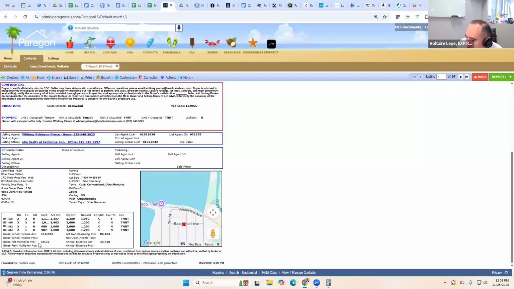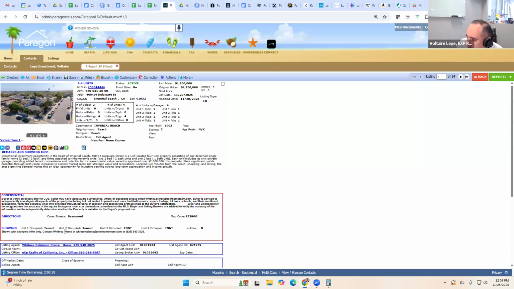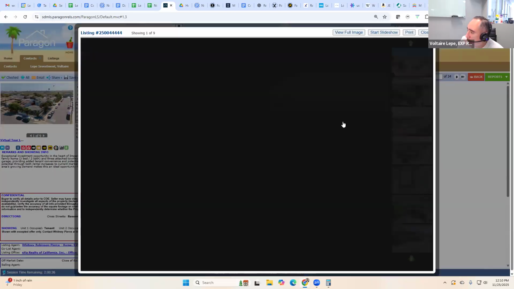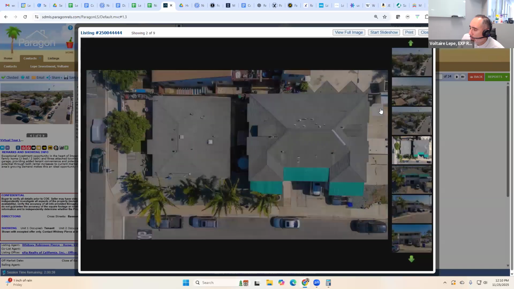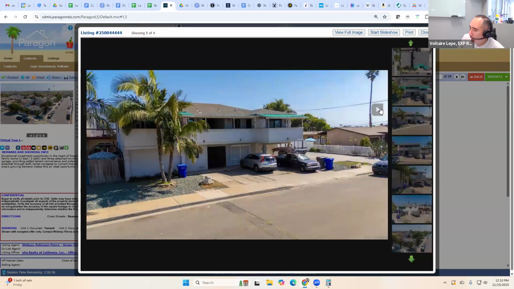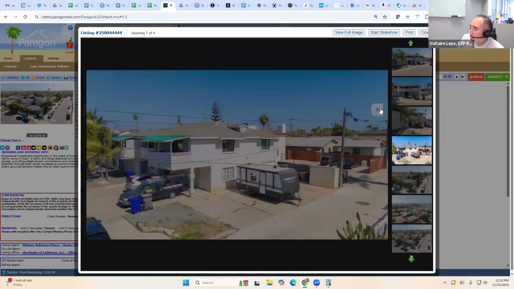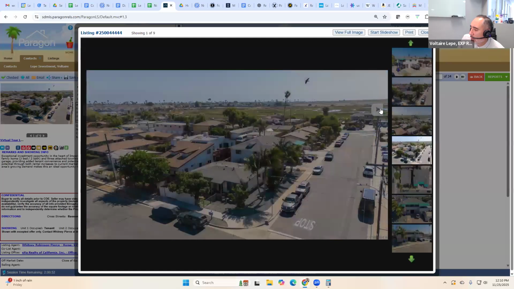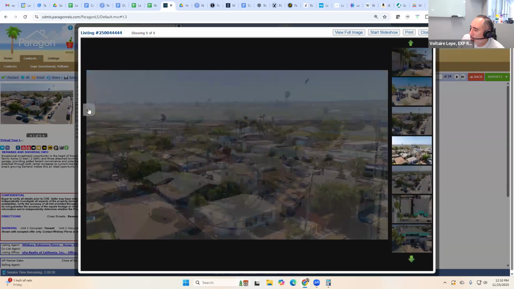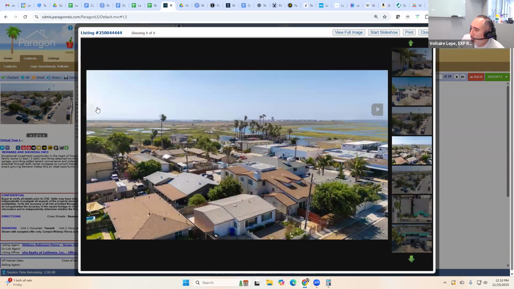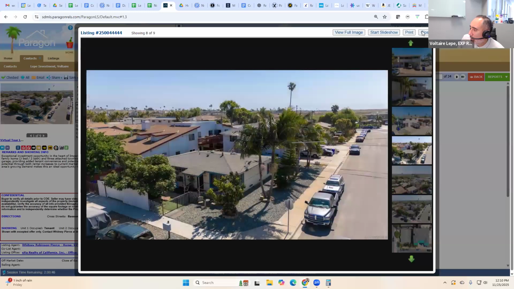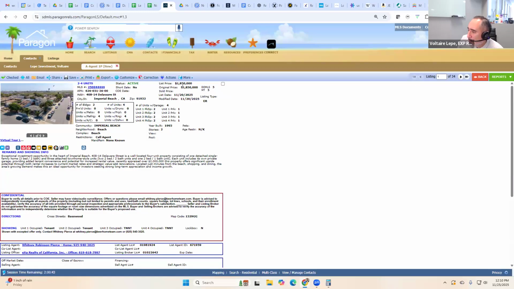And if you see here, they already did the math for us on projected rent, and that's 15.32. In IB, close to the water, that's not bad, but those are projected rents, not actual rents. So that means someone has to go in here and raise the rents to get the rents up. Plus, it's not right by the beach; it's by the bay area, and it's not as desirable.